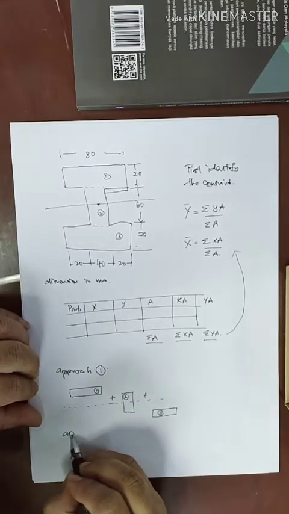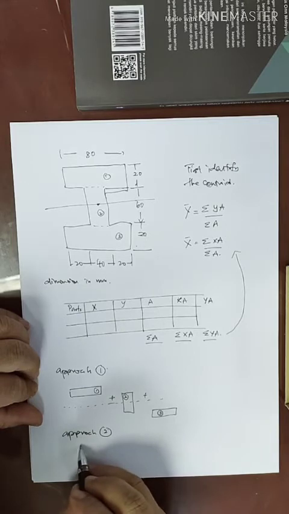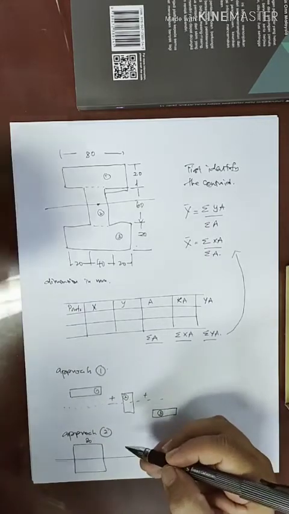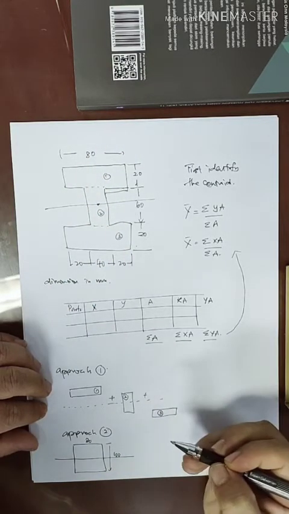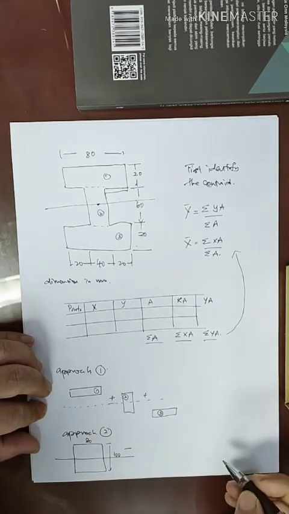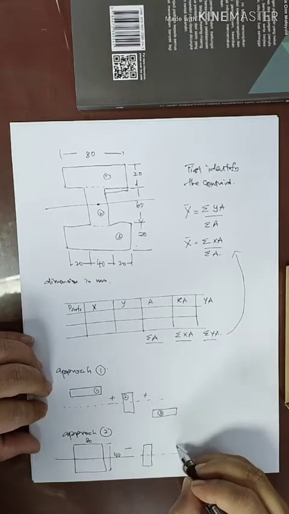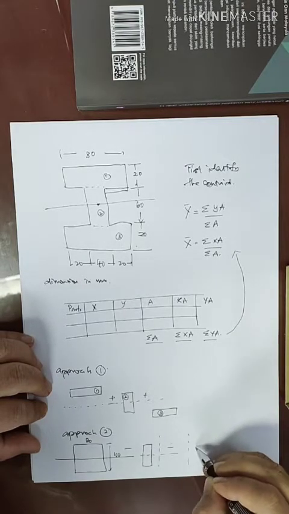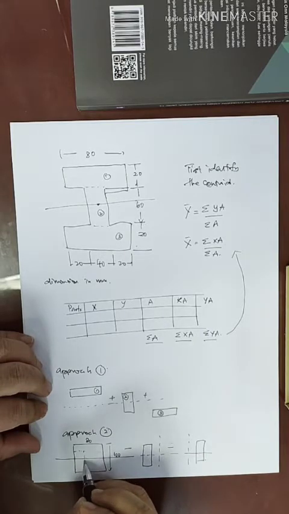Maybe we can also try approach 2, where we have the whole block, comprised of the size 80 for the width, and also 60 and 100, but we eventually minus the left and the right side of the wing, which is actually this part.